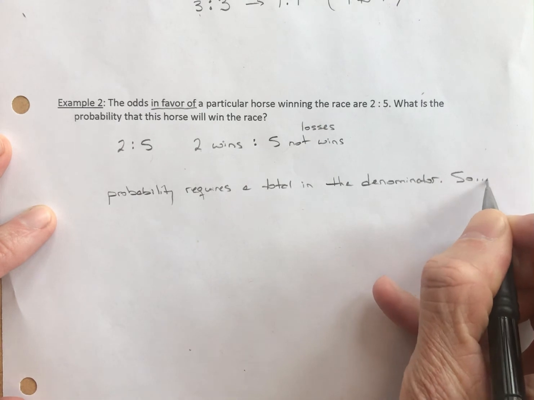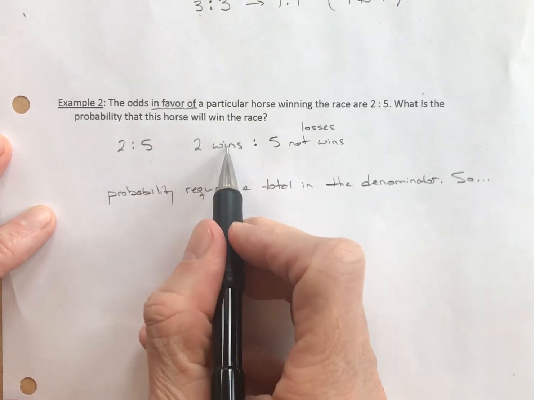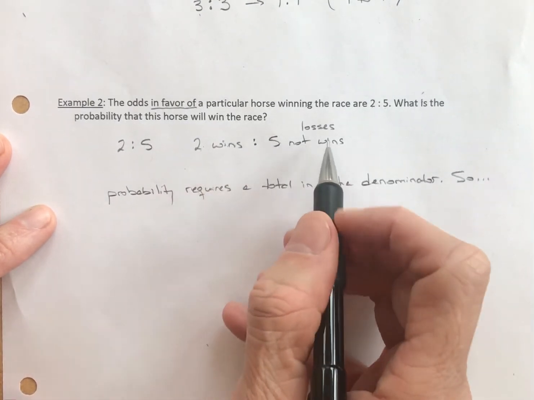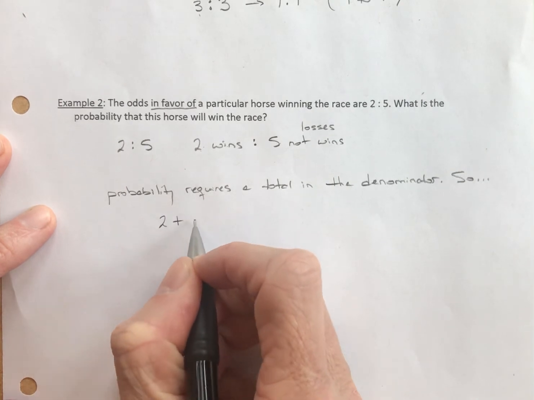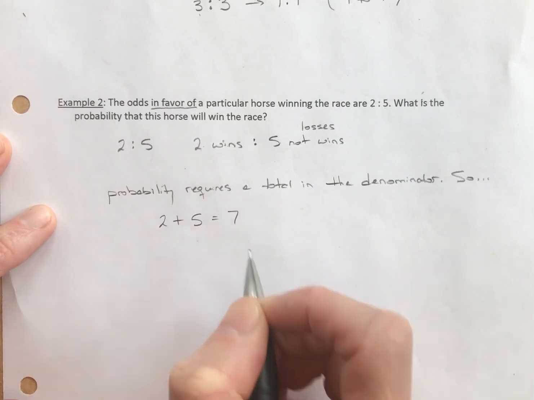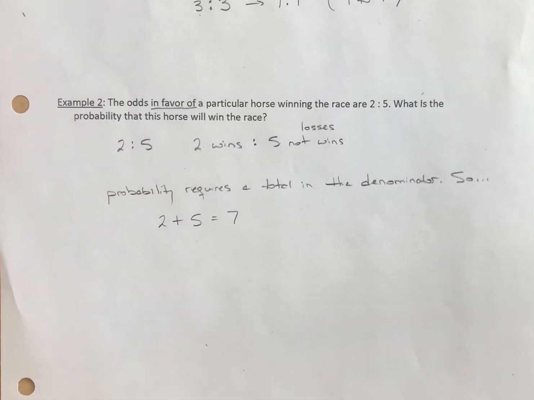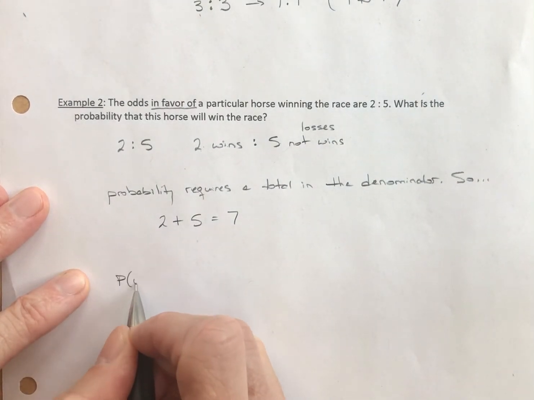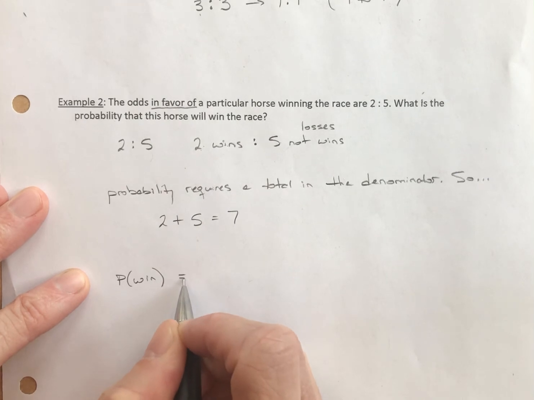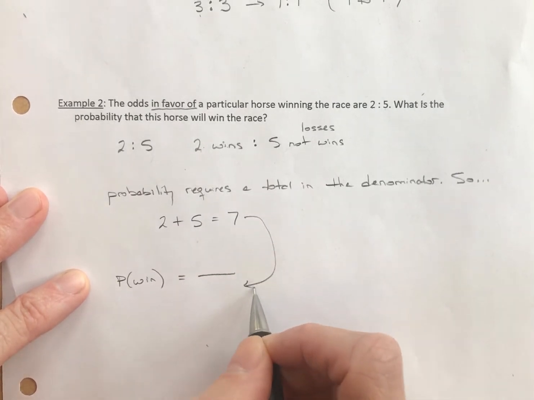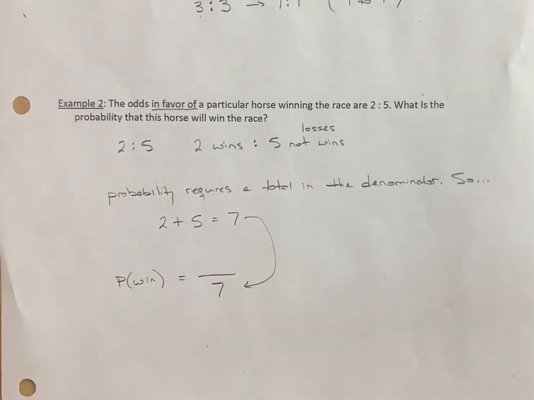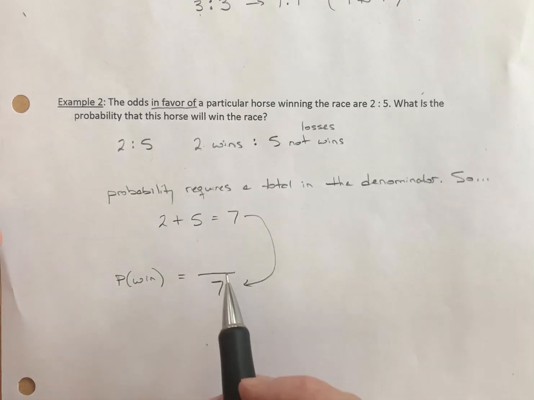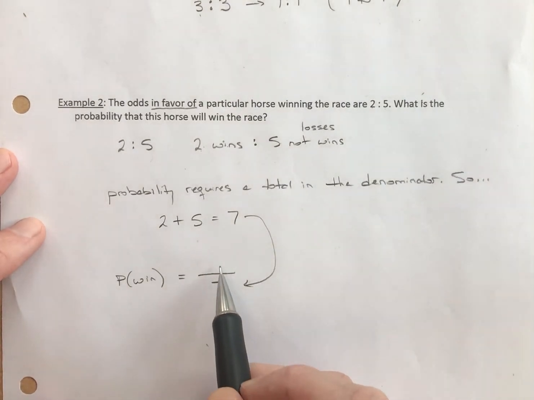So we know we have the possibility of 2 wins versus 5 losses. We add those together to get our total number of outcomes for our denominator. So the probability of a win, this number is now down here. That's our total. And how many out of these 7 are wins?